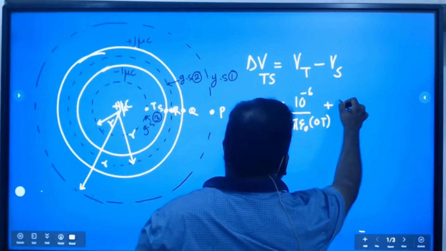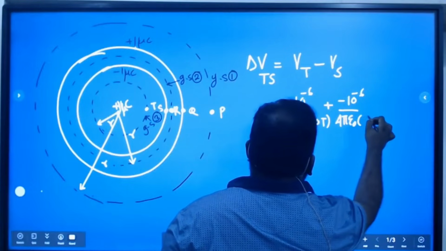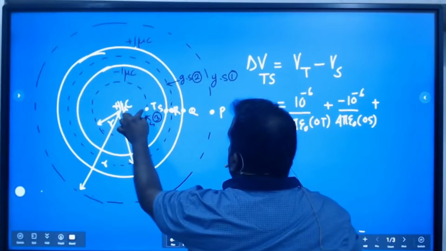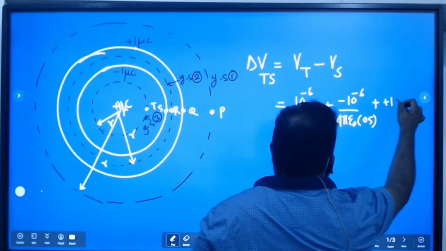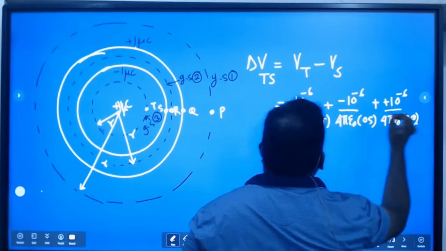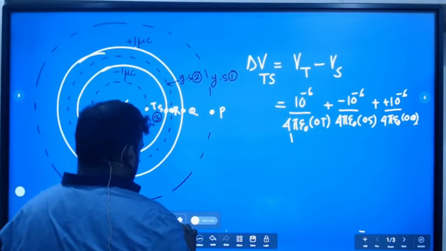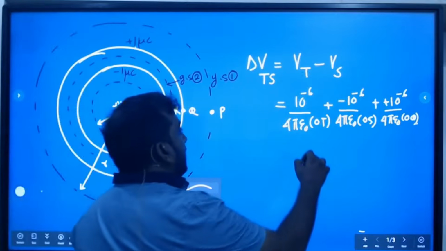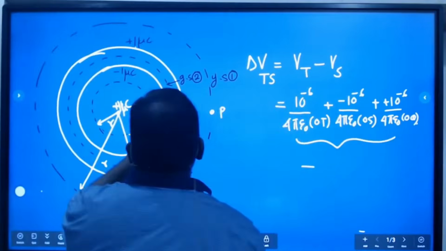So on the surface, minus 10^-6 over 4 pi epsilon naught times OS, plus 10^-6 over 4 pi epsilon naught times OQ. That's the potential at T.